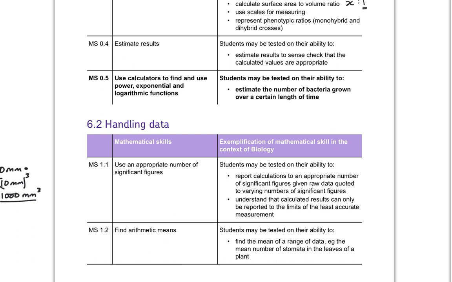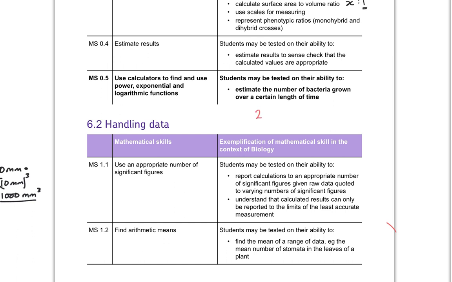MS 0.5, use calculators to find and use power, exponential and logarithmic functions. The classic is, trying to think of the example, like how many bacteria have I got?